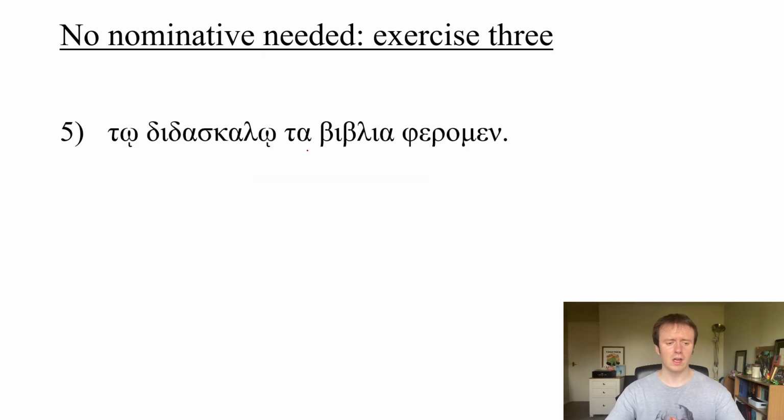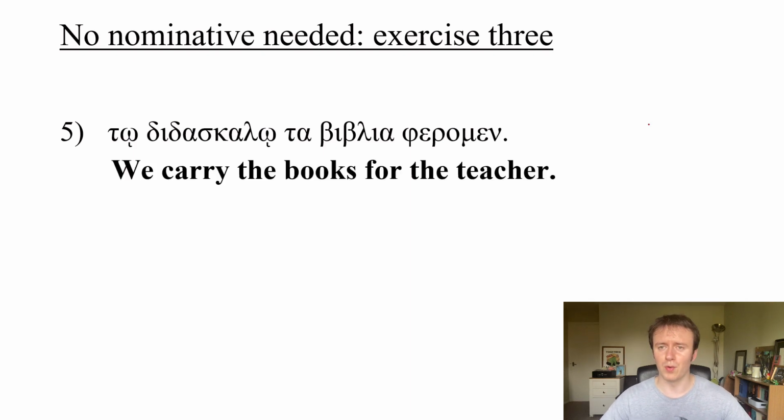Finally, number 5 was toi didaskalo ta biblia pheromen. This should have been translated as we carry the books for the teacher. The verb was at the end. Pheromen is from the verb phero, but here it ends in omen, which means we are doing it or we do it. So you could say we carry or we are carrying.